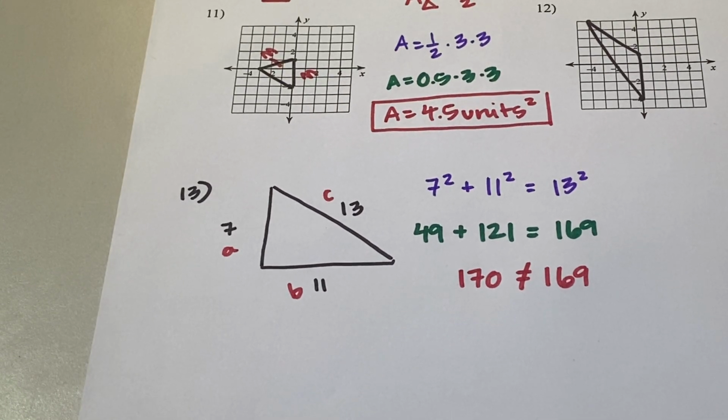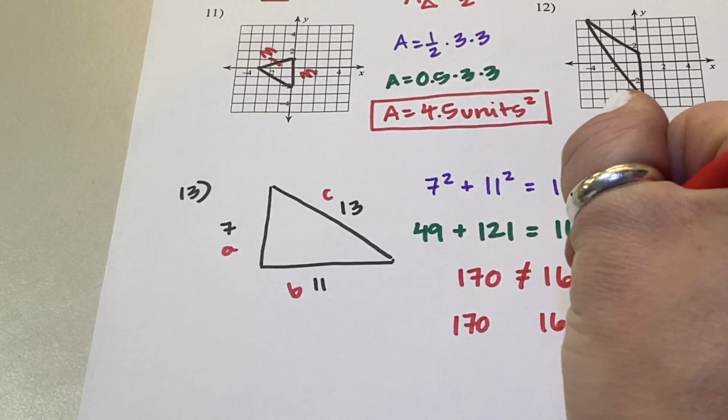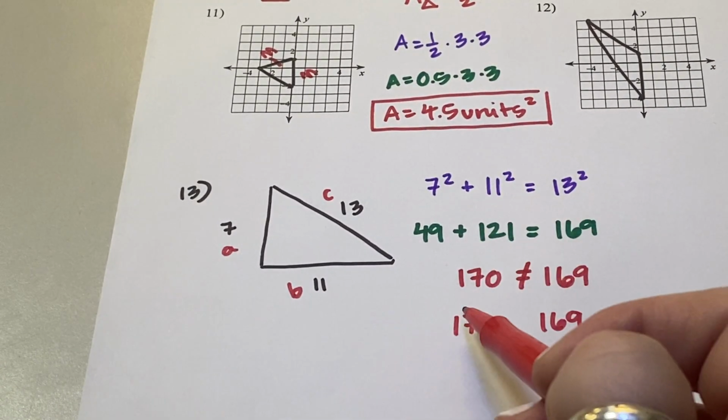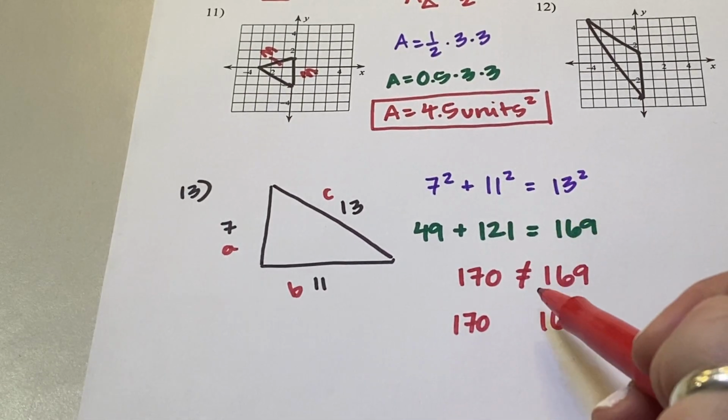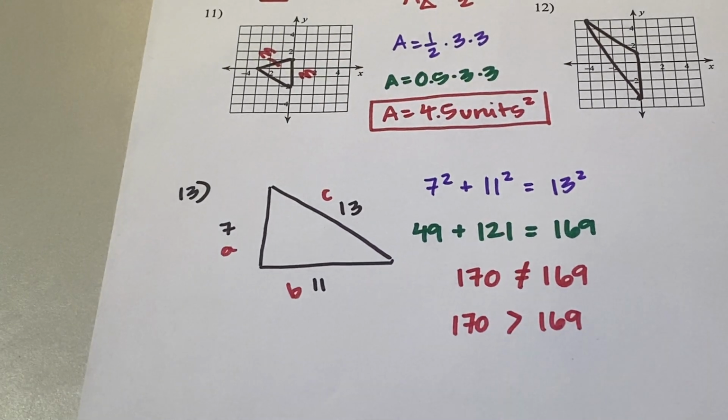So we need to decide whether it's an acute or an obtuse triangle. Let me ask you guys, which side was bigger? Was my A and B side bigger, or was my C side bigger? A and B, right? So 170 is bigger than 169.